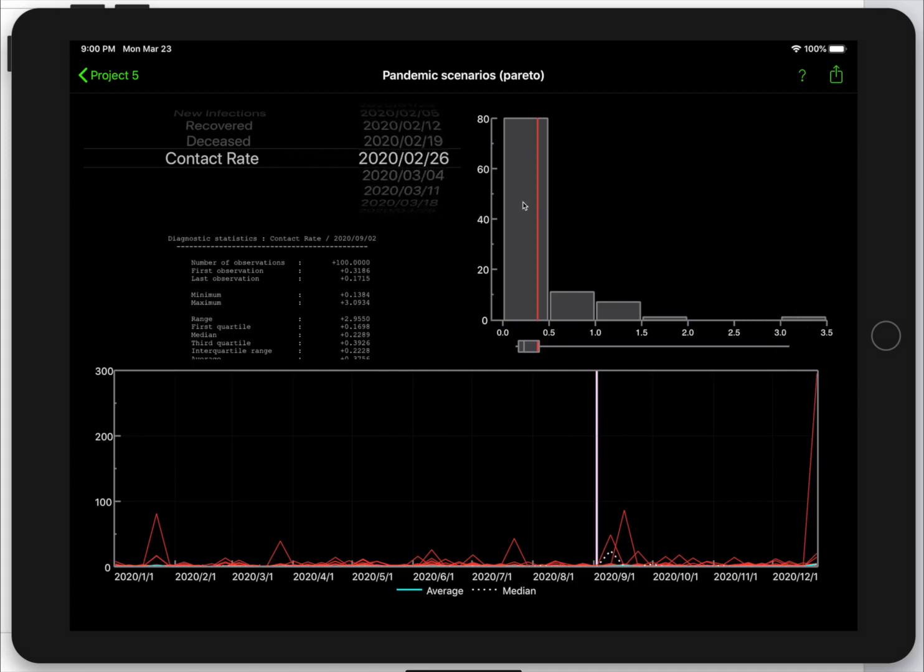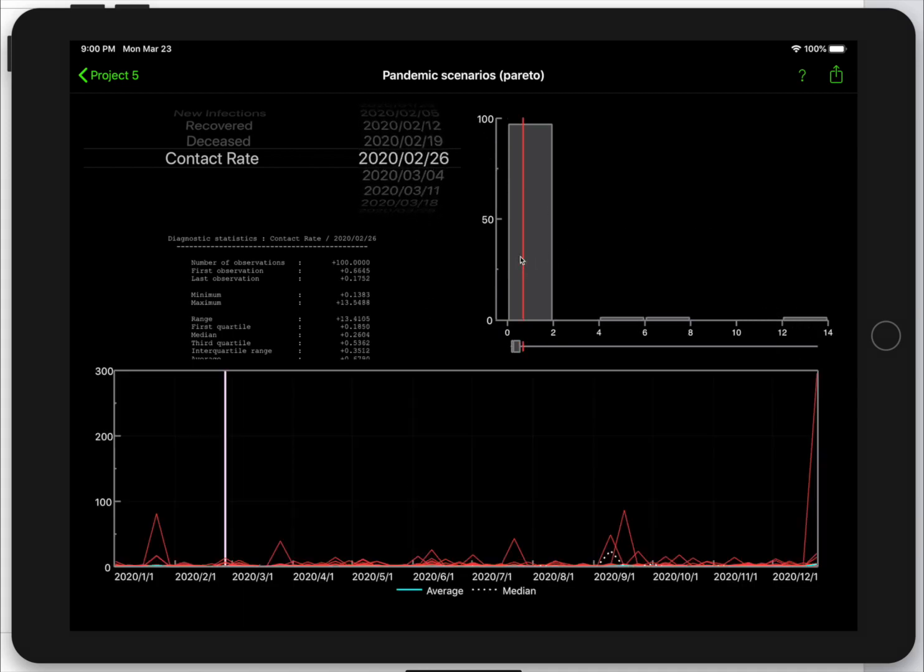So typically your distribution looks something like this. You have a lot of contact with the same people around you, but every now and again you, let's say, go to the mall, go to church, or go to the opera or something like that, and then you end up infecting a lot of people or getting infected at that function. So again, to me, this is a sort of real life scenario.